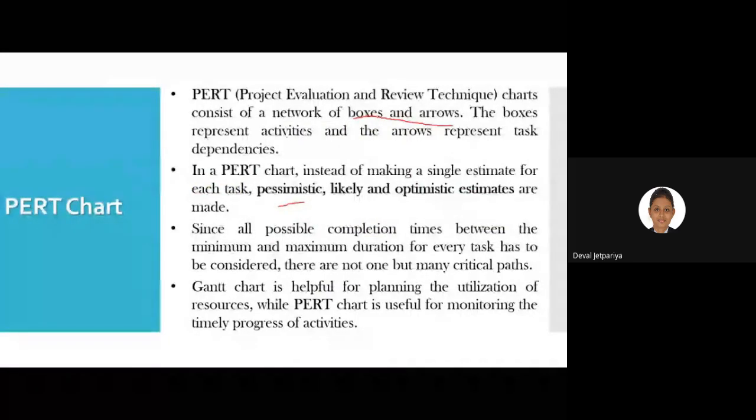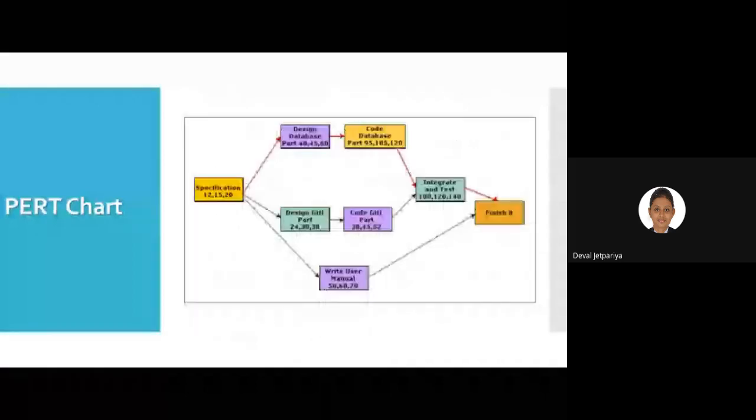Everyone getting it? For every activity we had written three values: pessimistic, likely and optimistic. So generally the likely value will be the average of your pessimistic and optimistic, generally, right?